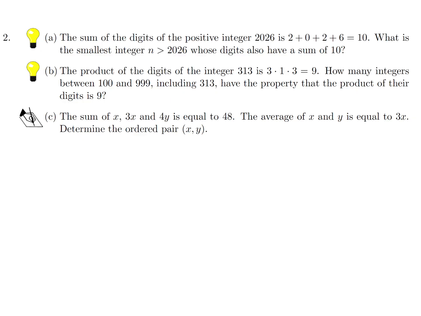The sum of the digits of the positive integer 2026 is 10. What is the smallest integer n greater than 2026 whose digits also have a sum of 10? So we will have to experiment here. 2027, sum of digits, okay, that I believe is 11. 2028, 12. 2029, 13. 2030, okay, that's 5. 2031, just keep going here.